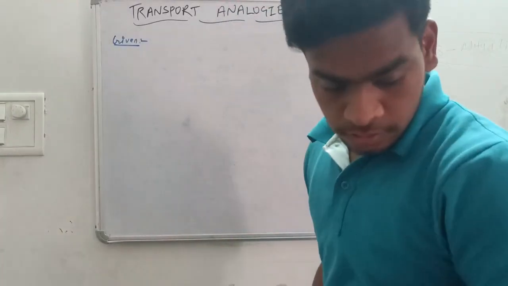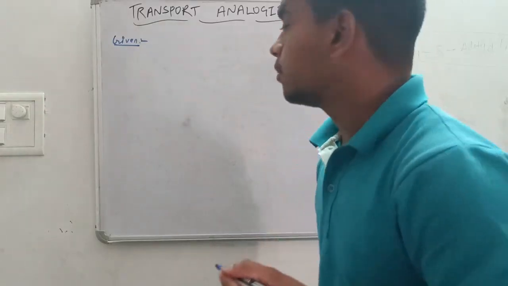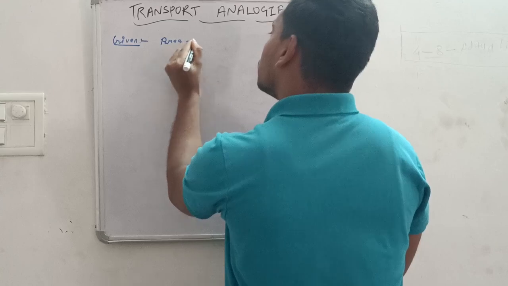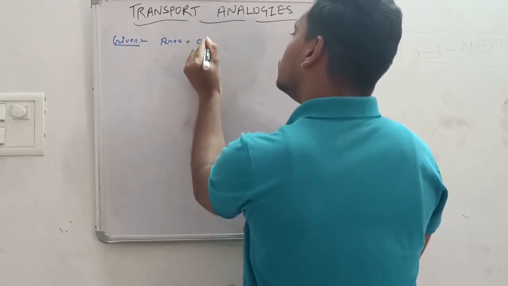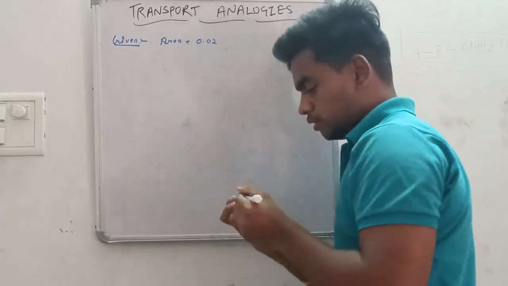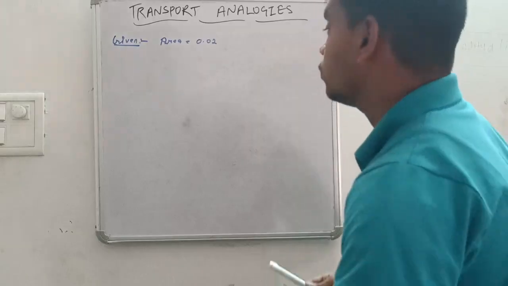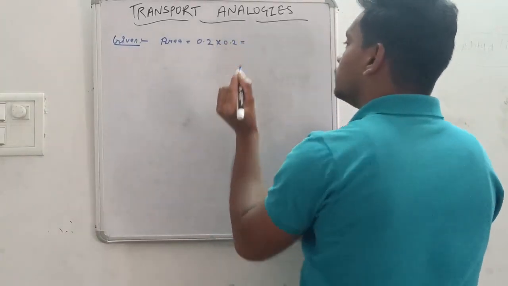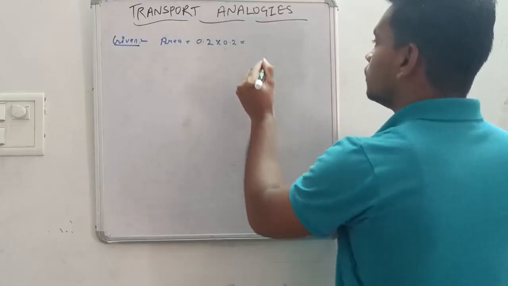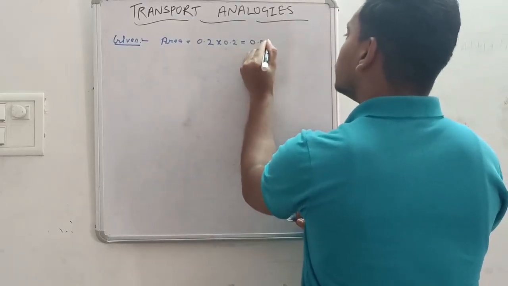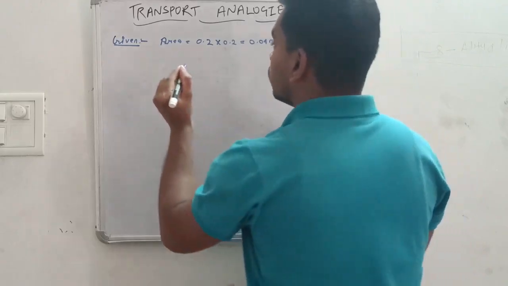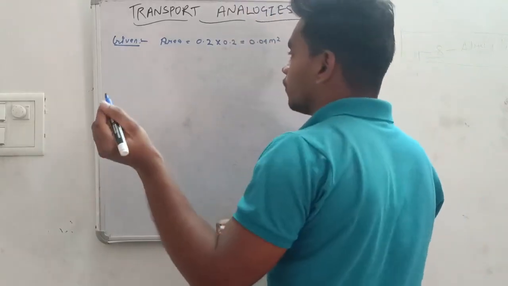So we are given with the area of the flat plate, which is 0.2 into 0.2. Sorry, it is 0.2, not 0.0. These are the dimensions of the flat plate. So by this we get the area 0.04 meters square, and we are given with the velocity of the air which is flowing over a flat plate.